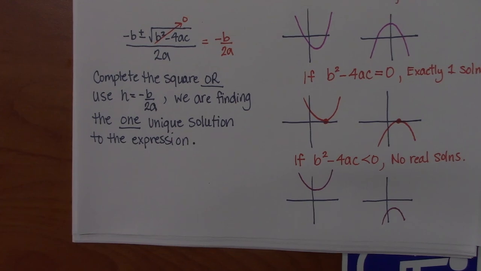So when we're completing the square, we're technically not setting the quadratic formula equal to 0. In a weird way, we're not. We're finding the one unique h that gives you that corresponding k value at the vertex. When you just use the quadratic formula in general, you're finding the solutions of where it crosses the x-axis.